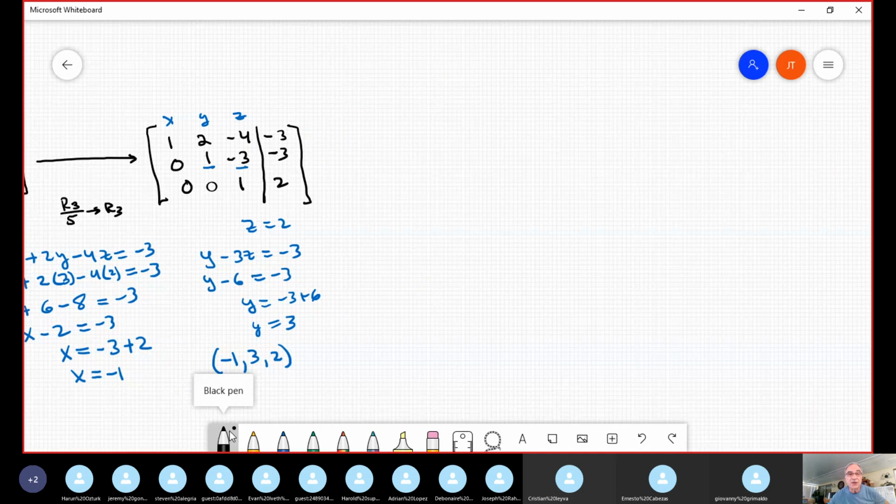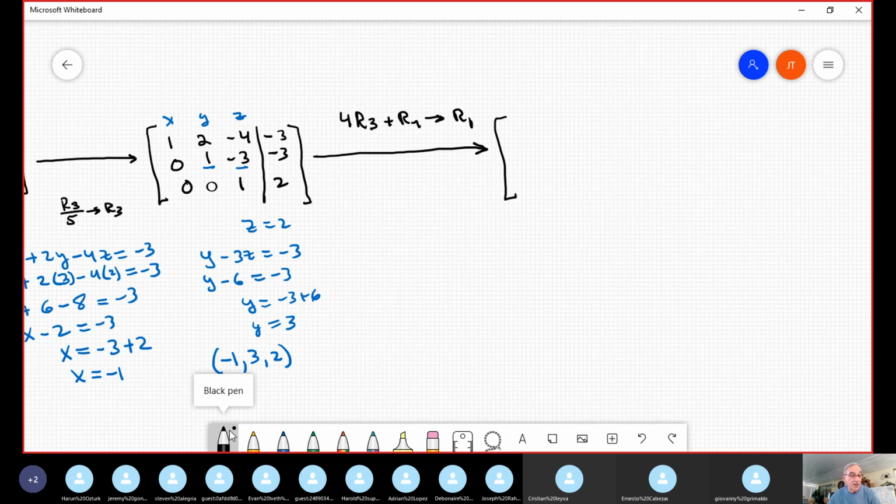Suppose that I'm doing now the following row operation. Row 3 times 4 plus row 1, store on row 1. What's my objective? Create 0 here.